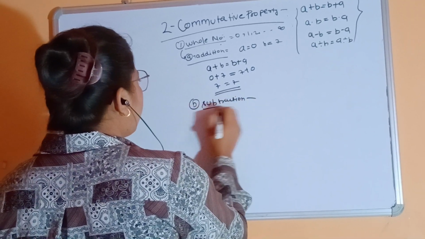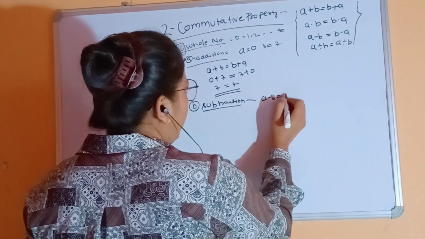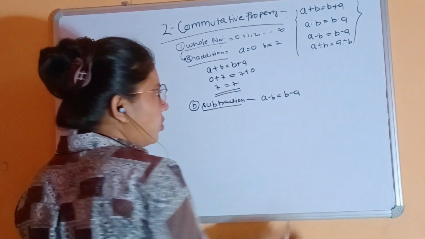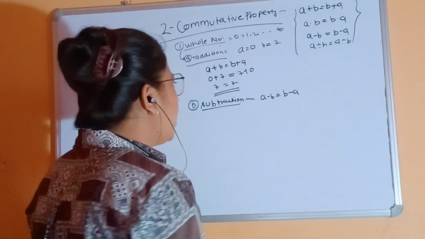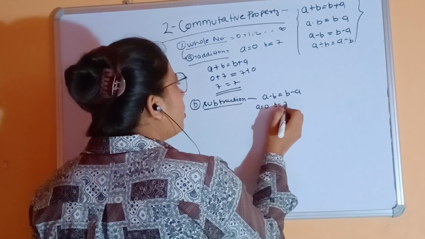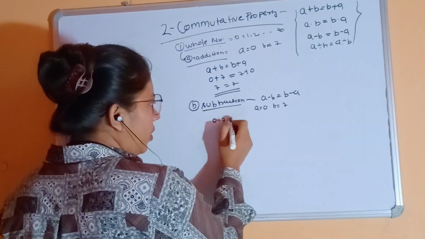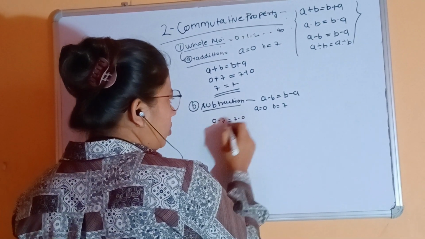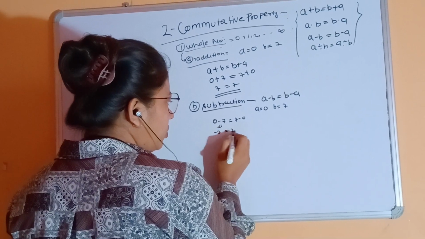The second operation is subtraction. Here the property says a minus b is equal to b minus a. In your book, take the same example, a is equal to 0 and b is equal to 7. If you put a is 0, b is 7, here 7 minus 0, then we know easily that the value is minus 7 is not equal to 7.